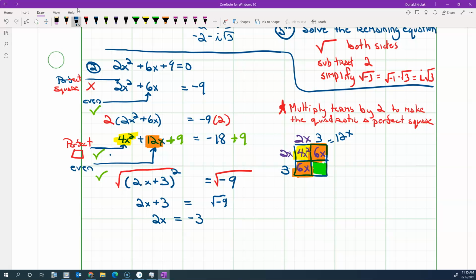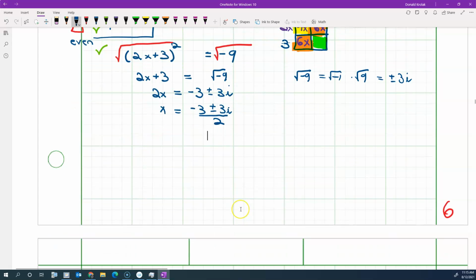Now I'm going to simplify root 9, negative root 9. So that's going to be plus or minus 3i. Divide by 2. And there's your two roots.